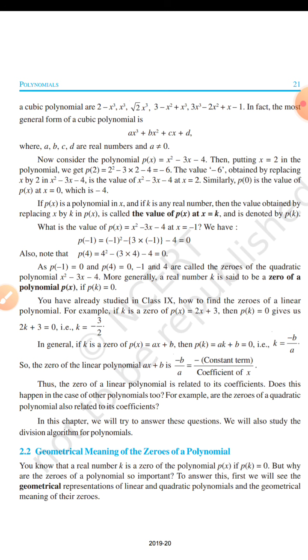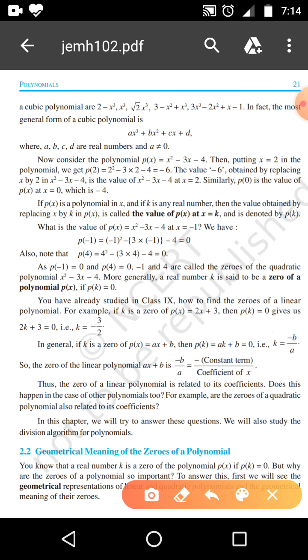For example, suppose we have given a polynomial p(x) = x^2 - 3x - 4. Whatever value of x satisfies this polynomial is known as a zero of the polynomial.